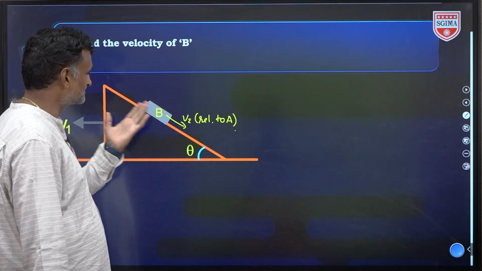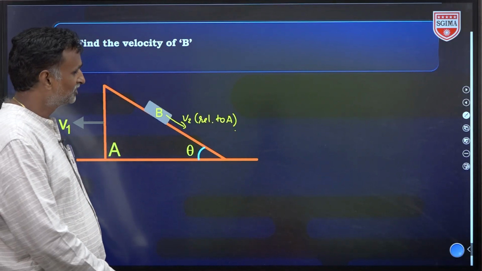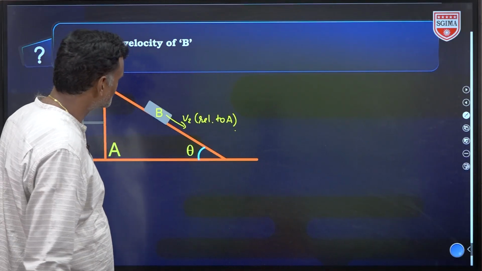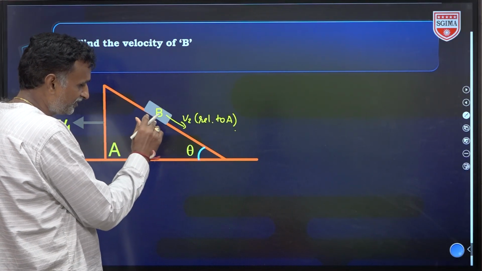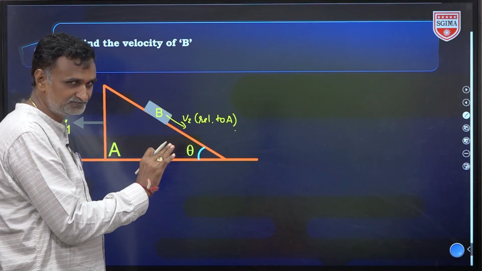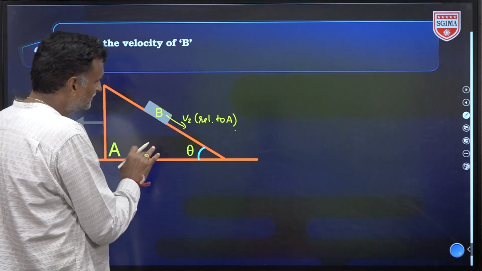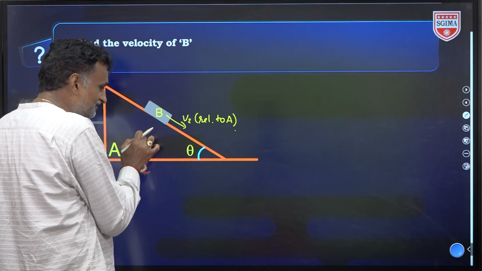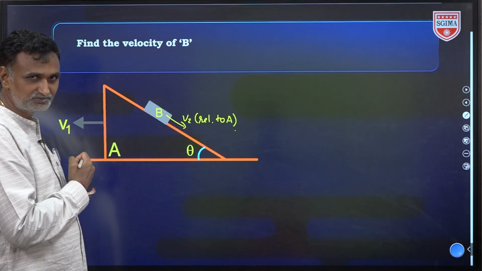Then what is the velocity with which it falls with respect to the ground, we need to find out. So to find this, we need to take the concept that frame makes a difference. Before starting the question, the frame is important, right? So now it is moving down with velocity V2 with respect to A, not with respect to the ground, clearly.